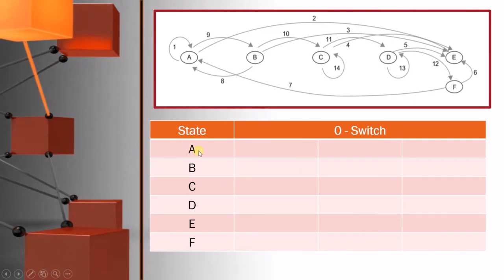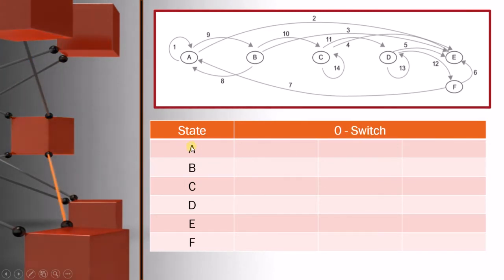Now we will analyze how to find zero switch for state A. When you are in state A, you have to find out how many outgoing transitions are happening from A. From A the first transition I could see is A1. So from A you are going outwards and coming back towards A. Next one is 9. A9, if you use this transition, you will reach B. And from A again, if you go outwards via transition 2, you will reach E. So from A, single transitions are 3.